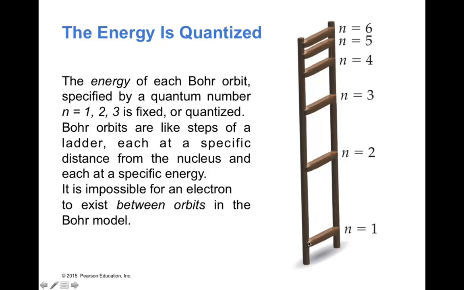So you can find an electron in n equals 1, n equals 2, n equals 3, 4, 5, 6, etc. You cannot find an electron in the middle of those orbits. The electrons will be in a specific orbit that has a specific distance and energy associated with it.